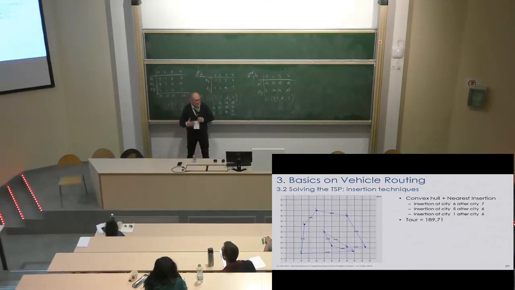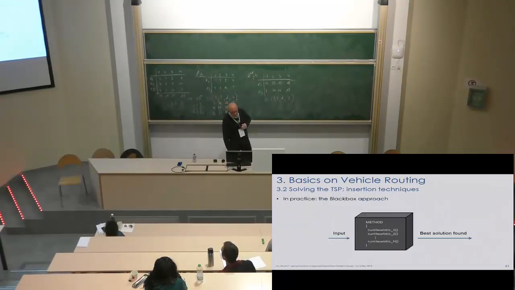So as you can see, there are a lot of methods and a lot of possible solutions. Of course, all these methods are very quick. So one solution is to implement all these methods and to keep the best solution at the end. It's one possibility.